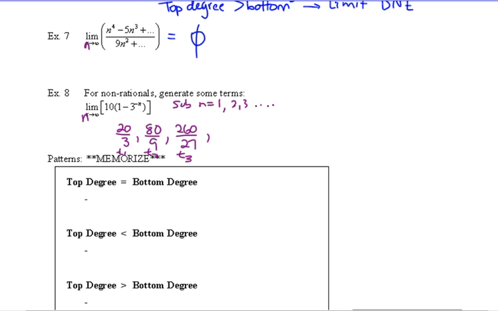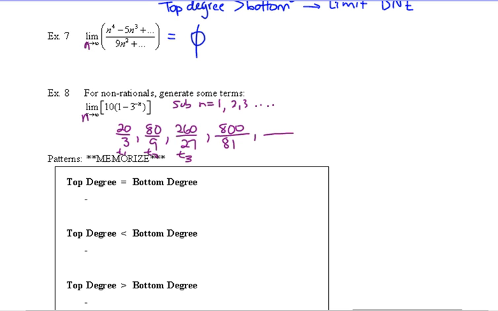The denominators are 3, 9, 27. Notice the powers of 3. So it would be 81. And what would it be on the numerator? 1 less than 81 is 80, and add a 0 is the pattern. So 800.